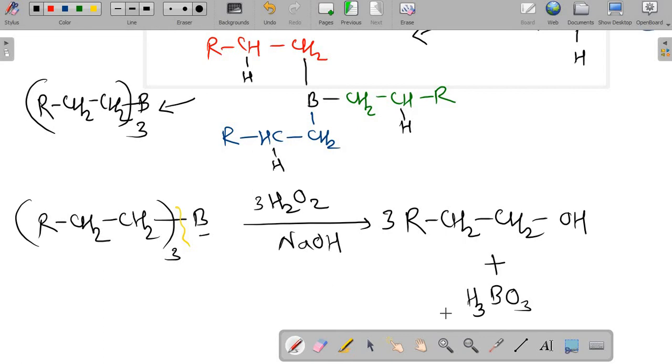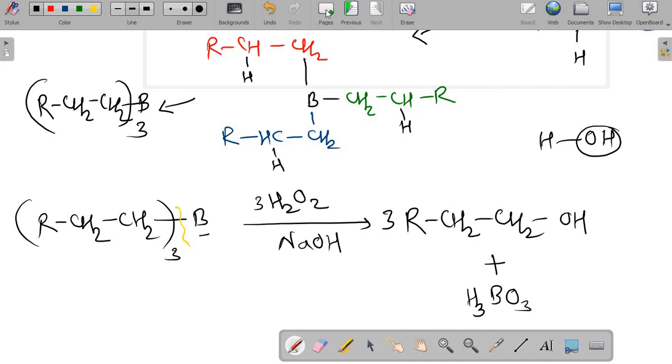Therefore the overall reaction is addition of water molecule across the carbon-carbon double bond, which is Markovnikov's addition, but this reaction looks like anti-Markovnikov's addition because the negative part from this HOH attaches to the carbon which is less substituted. That's why it looks like anti-Markovnikov's addition, but actually it is Markovnikov's addition.